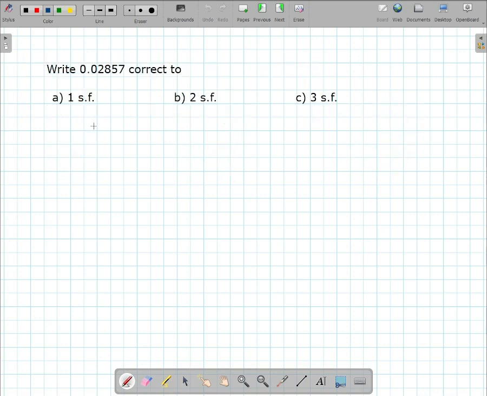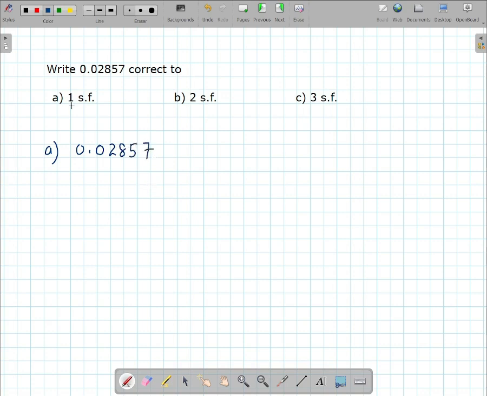Next example: write 0.02857 correct to 1 SF, 2 SF and 3 SF. Okay, first of all, we write the number 0.02857.